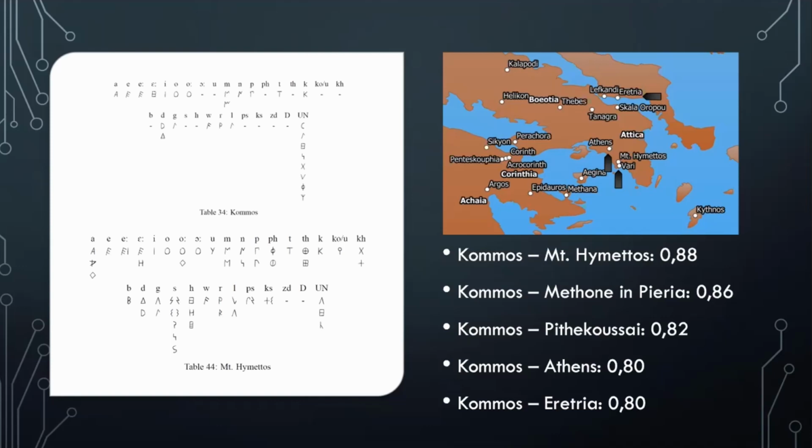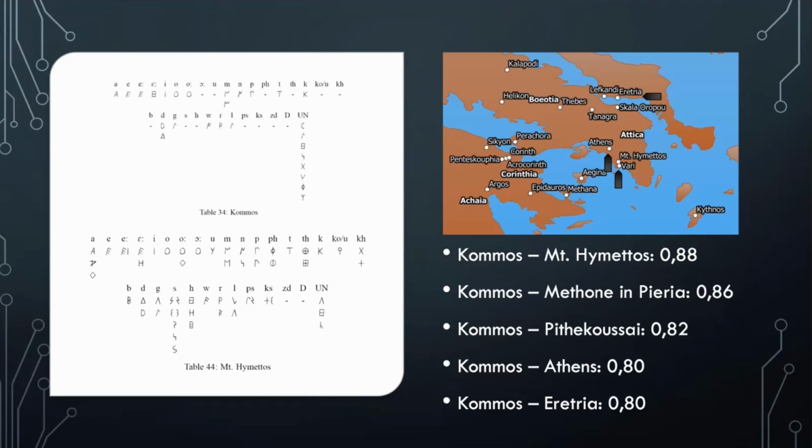In the table with the highest similarity scores, it appears first related to Monchimetos, another site where we find features from different alphabets, then to Methone in Pieria, Pithecusae, Athens, and Eretria.